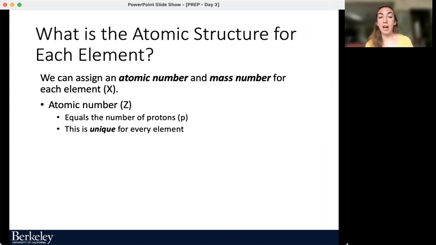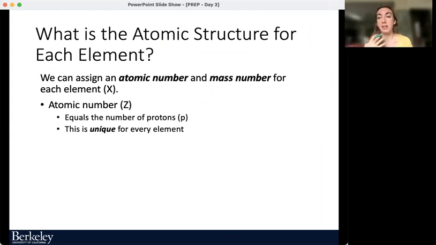The atomic number we notate as Z. Again, you don't need to memorize the letter Z; I'm just using it as an example so you can see how we write it. The atomic number is equal to the number of protons, and it is unique for each element. If you change the atomic number, that means you change how many protons you have, which means you're changing the identity of your element.